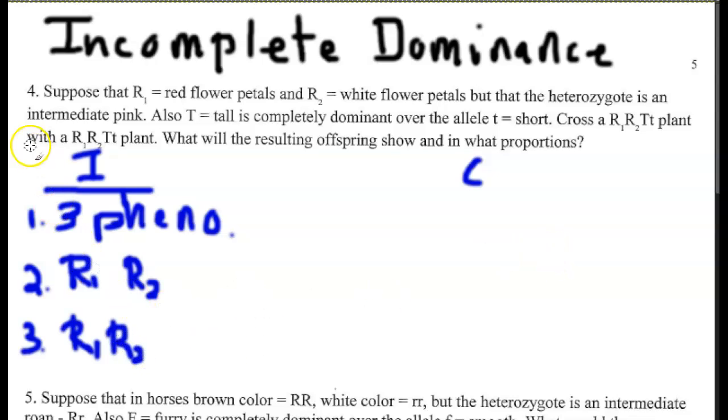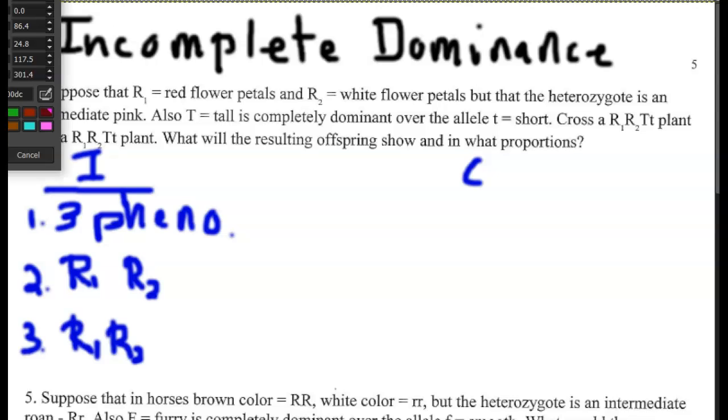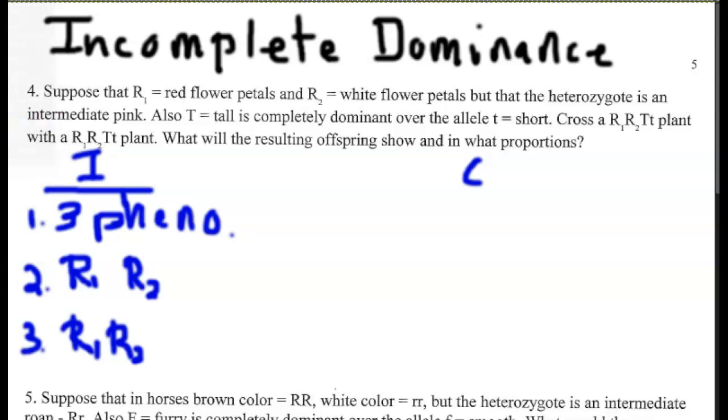Our complete dominant one is tall and short. We have 1, 2. Make sure you know these, how they're different. 2 phenotypes.